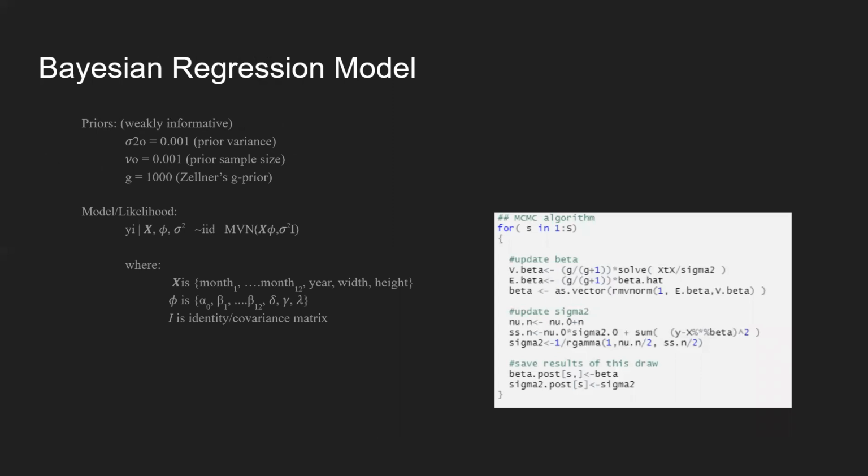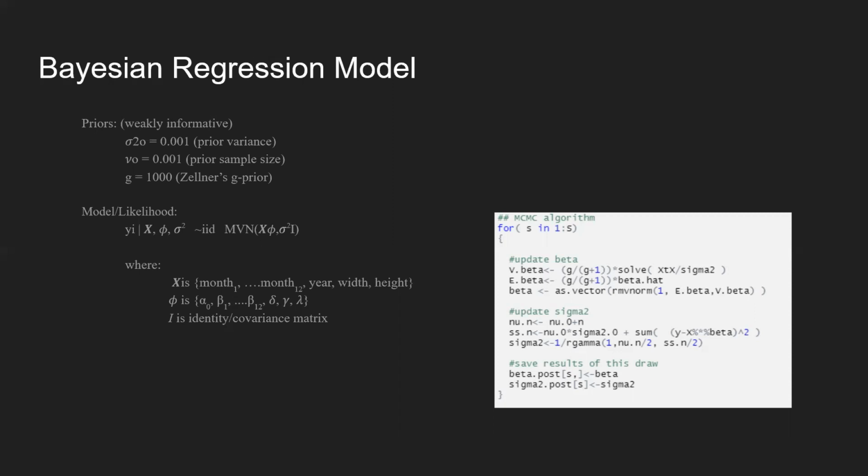So for the Bayesian regression model, we also did the same thing as in the ordinary least squares method. We first fit for the regression coefficient and plugged it into our Bayesian regression model. So here are our priors. We use weakly informative priors for our model, and we have this model likelihood, and we included here what's also included in the ordinary least squares regression model.